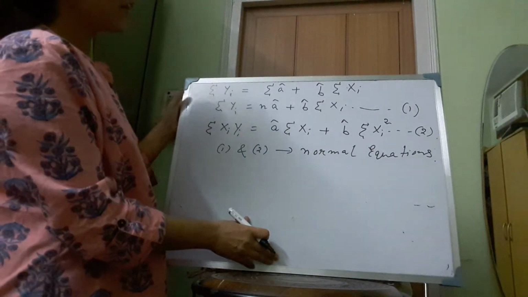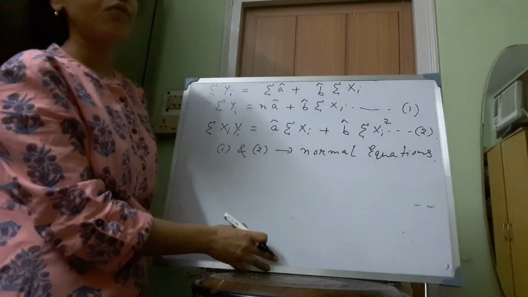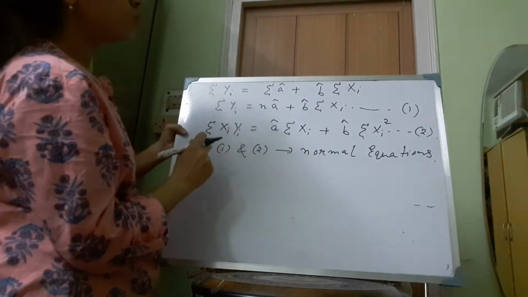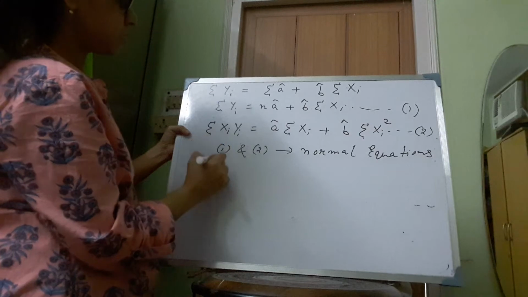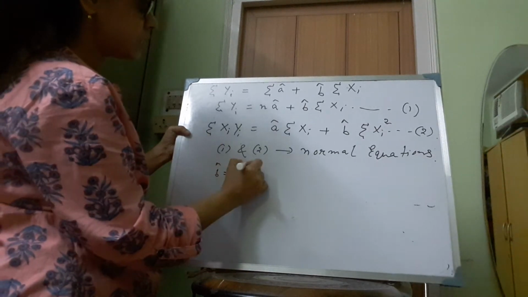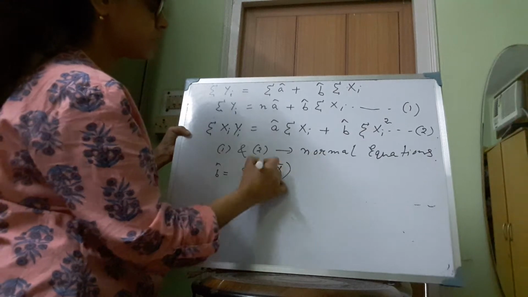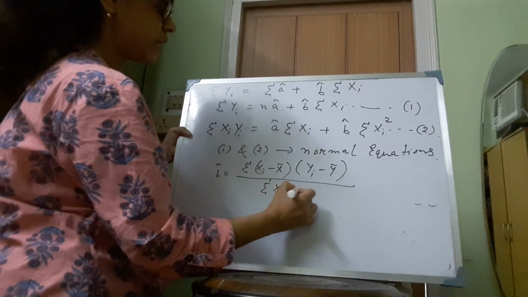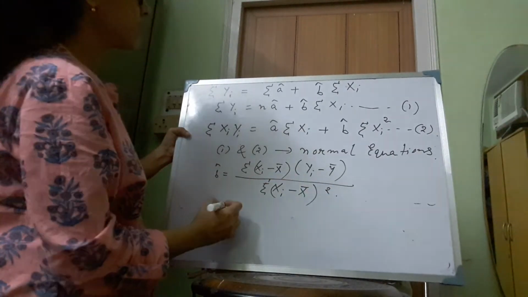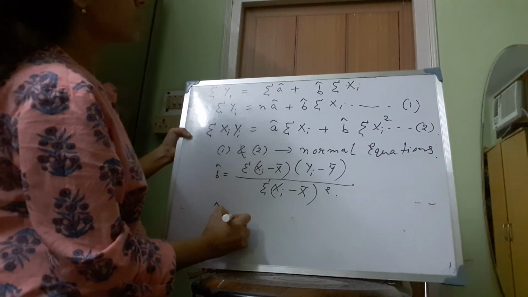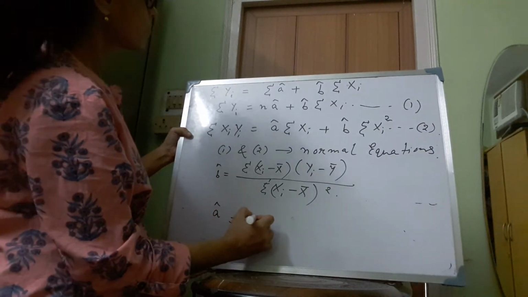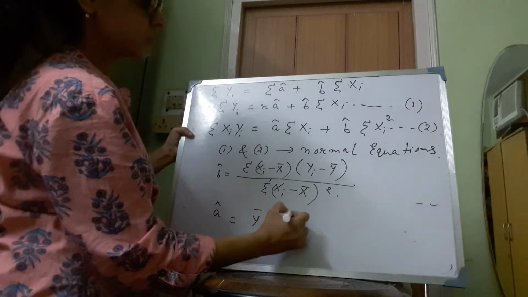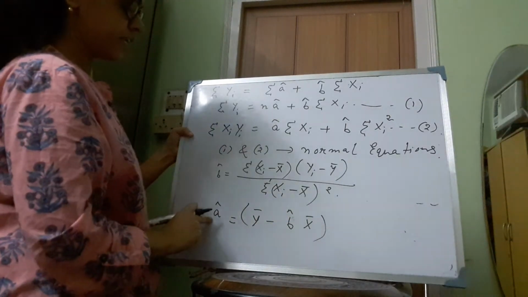Now we have two equations and we have two unknowns, a hat and b hat. So therefore we can get the two unique solutions of a hat and b hat. So by solving these two, we will get b hat is equal to summation of xi minus x bar yi minus y bar over summation of xi minus x bar whole square, and a hat is equal to y bar minus b hat x bar.